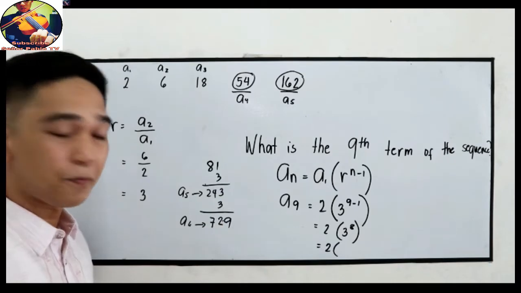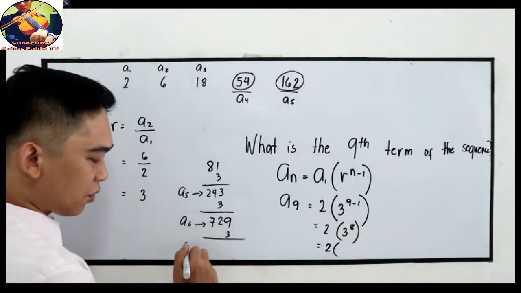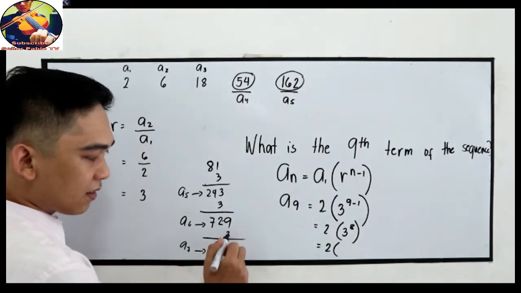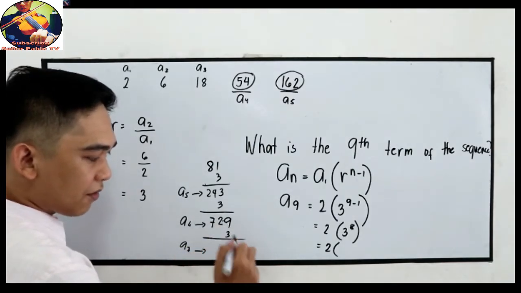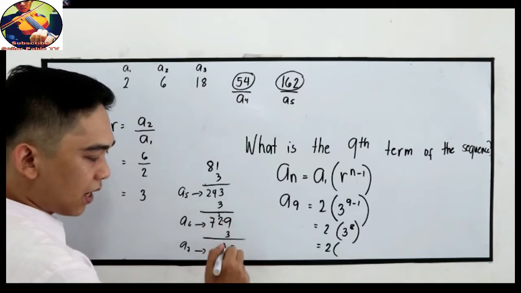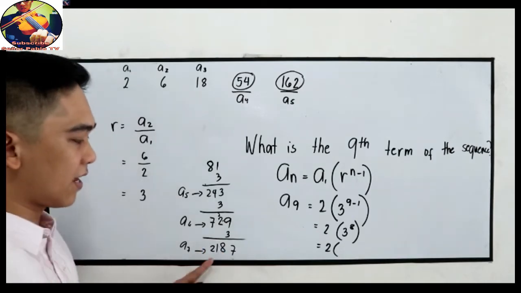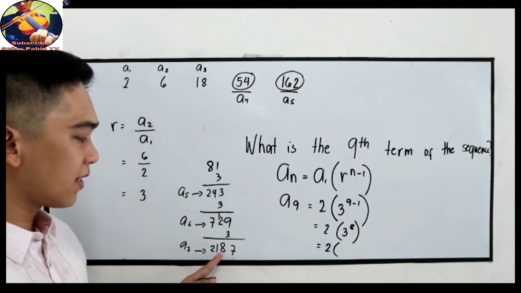So, 729. Next, A7 tayo, times 3. Para makuha sa A7, 9 times 3, 27, carry 2. 3 times 2, 6 plus 8 plus 2, 8. Next, 7 times 3, 21. So, 2, 1, 8, 7.